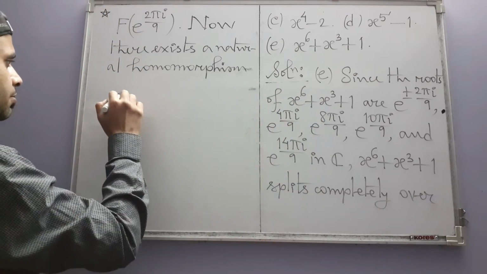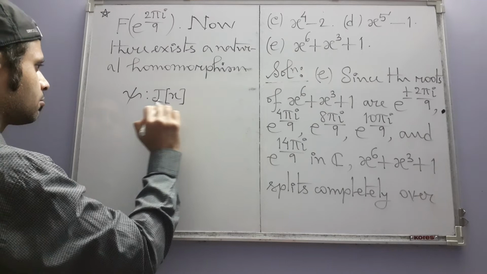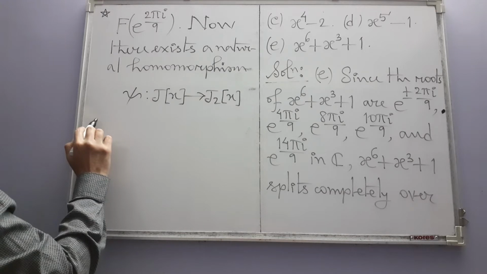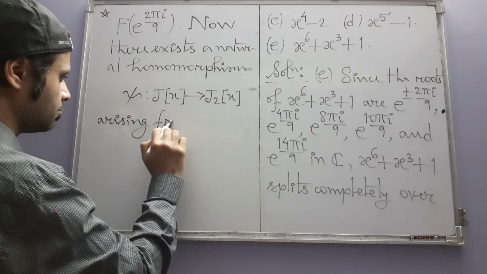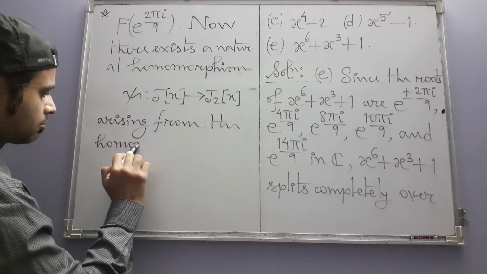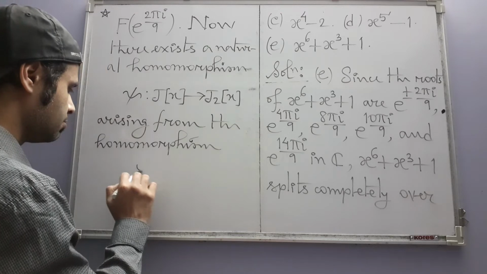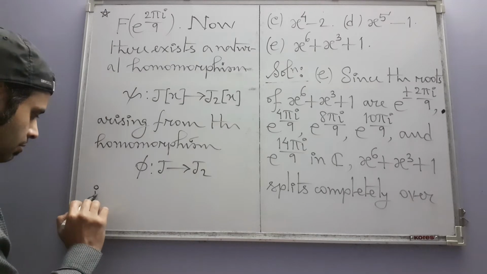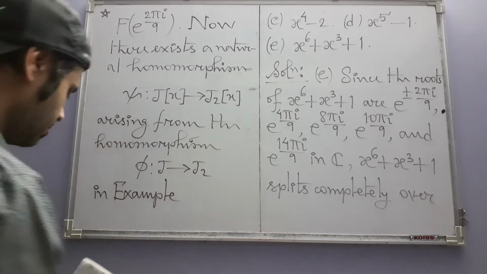Natural homomorphism psi from this ring to this ring arising from the homomorphism phi in example 3.3.4.